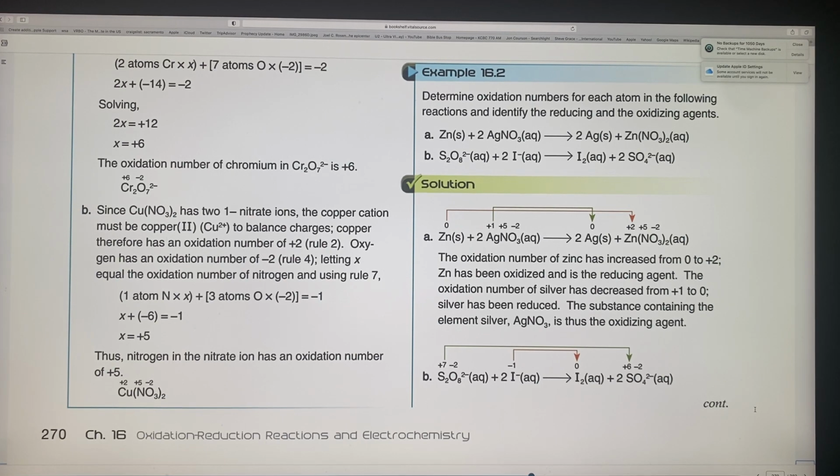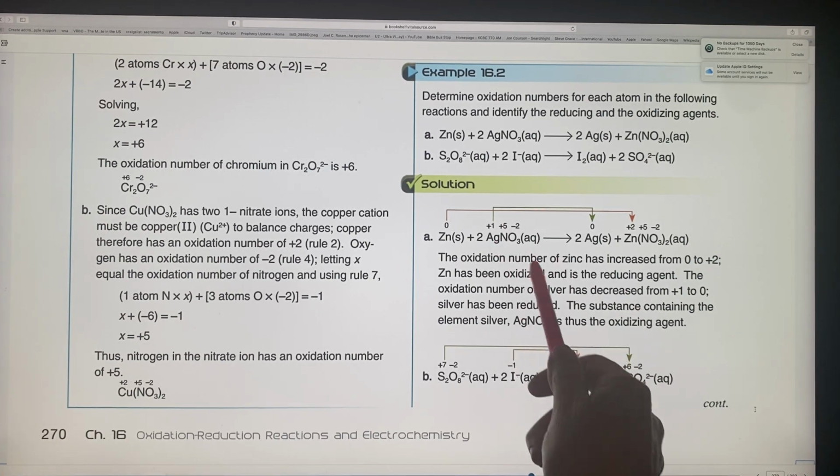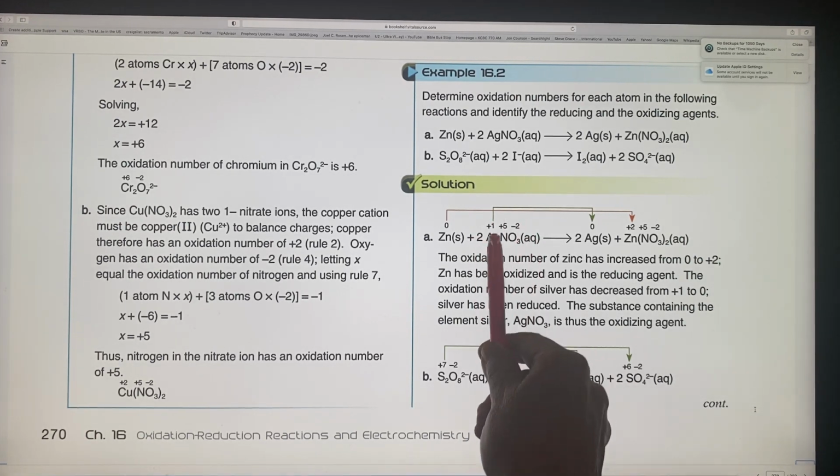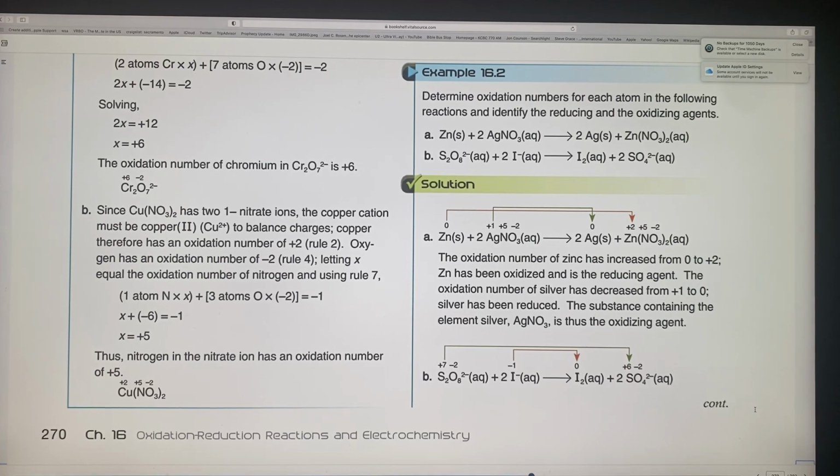The oxidation number of silver is decreasing right here from +1 to 0, so the silver has been reduced. It got less, right? The substance containing the element, AgNO3 right here, is the oxidizing agent. So you got it?